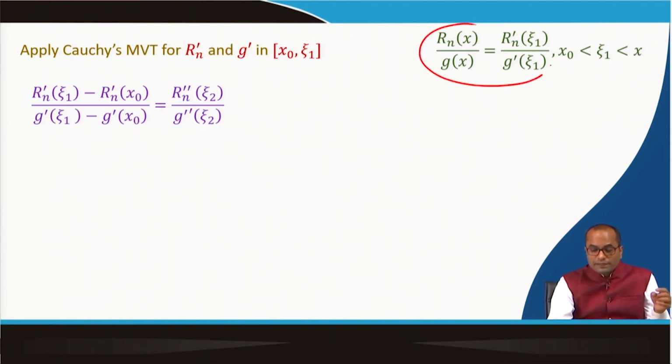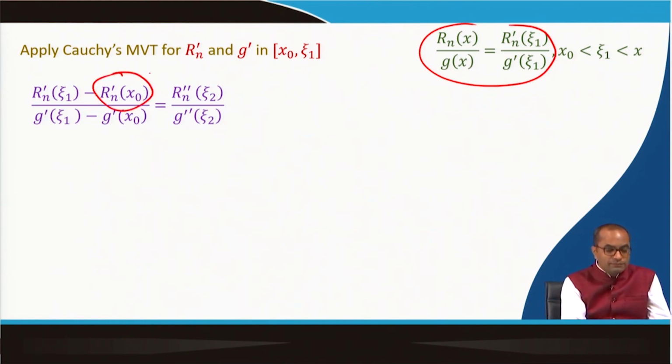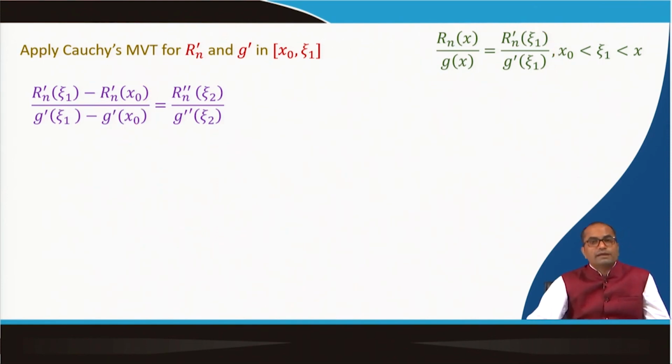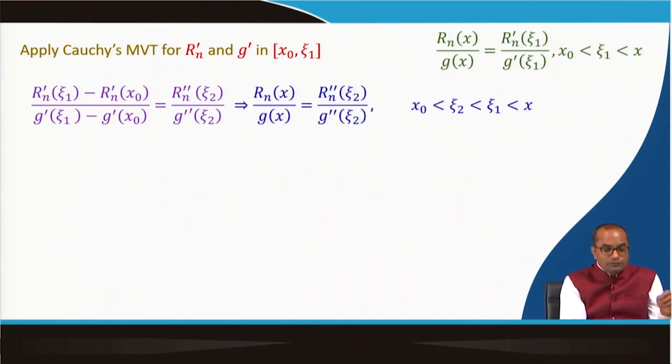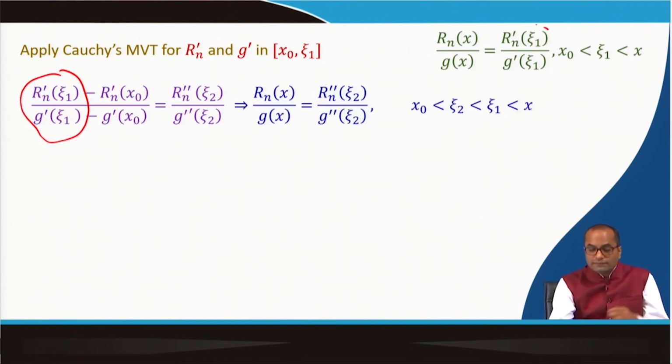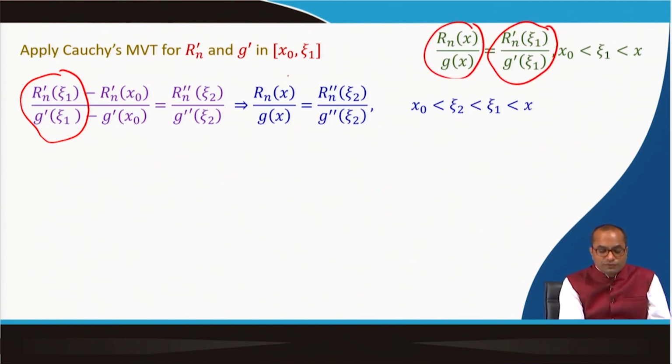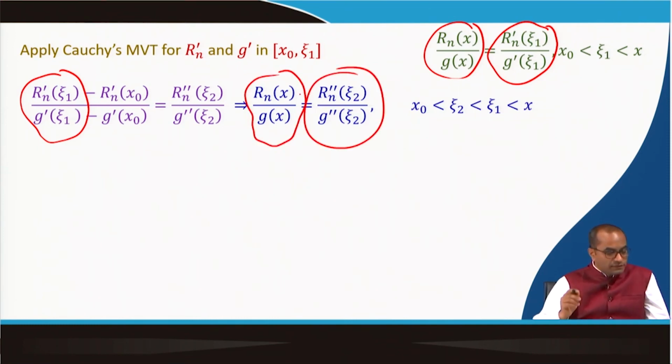This result we already have before, and we also know that the Rn derivative is 0 and the g derivative is also 0, that we have already seen before. That is the property of Rn and g. So what do we get here? We get the ratio in terms of the derivative at xi 2, which is nothing but the second derivative of Rn and g. So finally we get Rn divided by g is equal to the second derivative ratio.